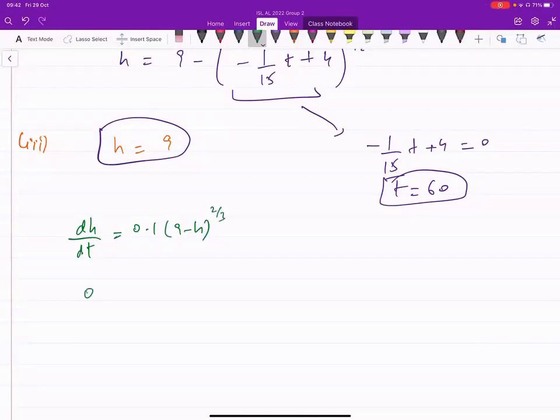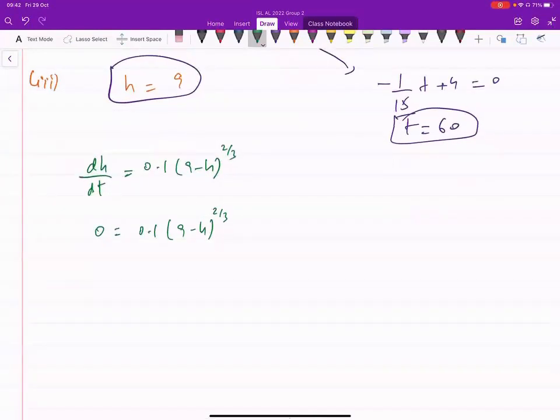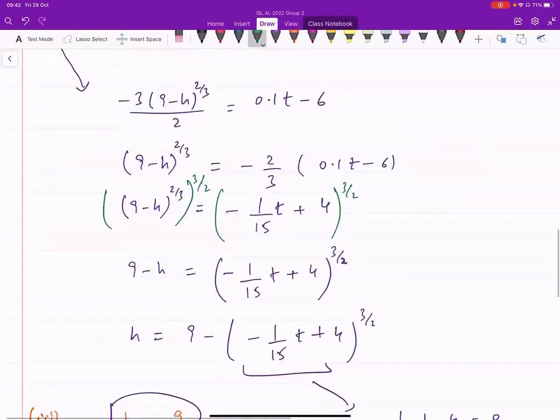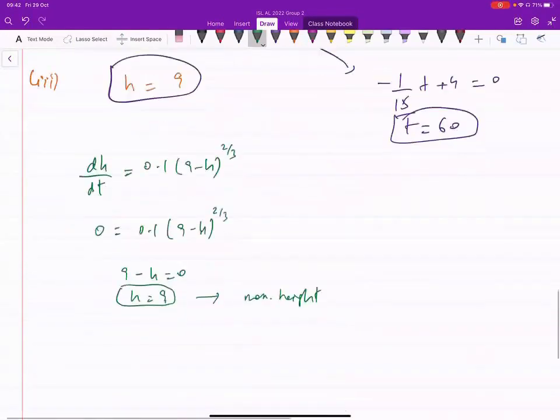We could put this equal to 0, and that gives us 0.1 into 9 minus h whole raised to power 2/3, which means 9 minus h is equal to 0, h equals 9. This is the height that you get. This is going to be the maximum height. इस वैल्यू को वापस आके इस रिलेशनशिप में इनपुट कर दें, you'll get the corresponding value of t. So that's another way of thinking about this.